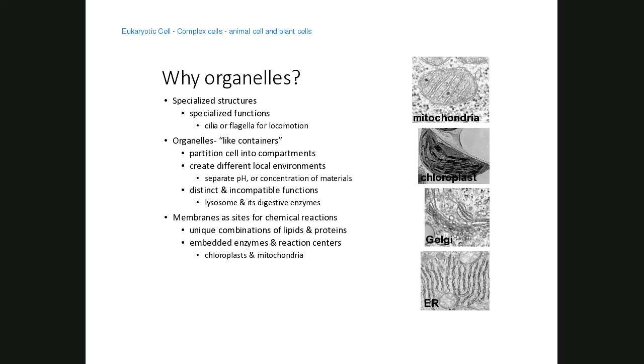You want to have another compartment over here, so it's not having an effect on another part of the cell. And so everything has to be partitioned off and placed into different compartments.